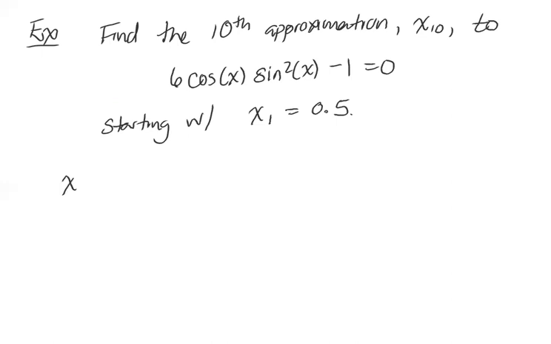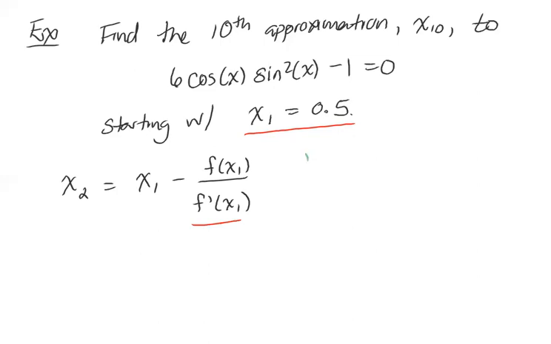I know that x2, for instance, is equal to x1 minus f of x1 divided by f prime of x1. I have an x1 value. It might be a good idea to find the derivative, find f prime before I start.